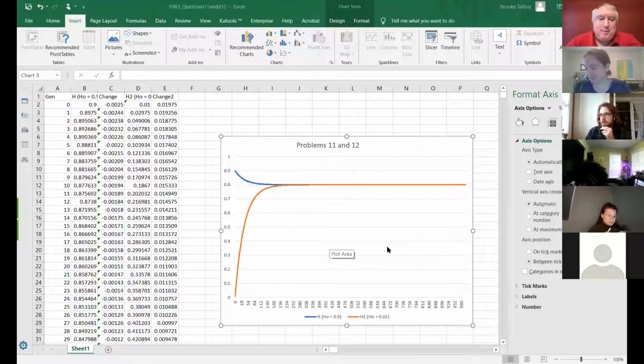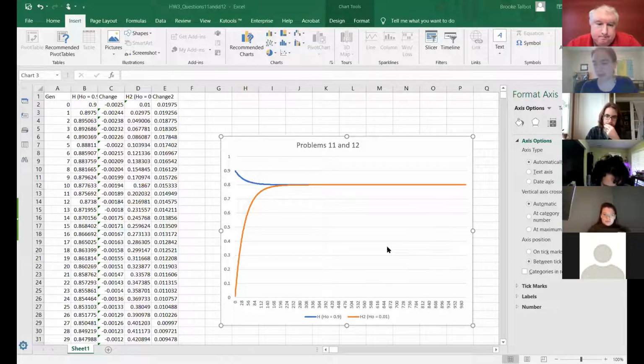So tell me about this. What am I seeing? What we are looking at, 11 is asking specifically about the heterozygosity. We're looking at the heterozygosity when it's starting at 0.9. That's the blue line, which gets a little bit drowned out by the orange, but you can see that it's starting out at 0.9.